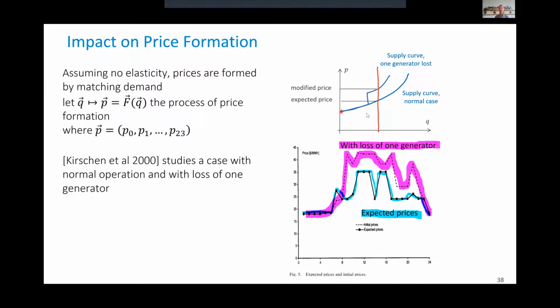Here, it's similar. We know how to model the price formation. So this paper has used supply and demand curves to study the formation of price, and has done simulation to see, for example, what the prices are. Those are the normal prices in blue here. And what are the prices if there is an outage? If we lose one nuclear power plant, this is how the prices will go up.